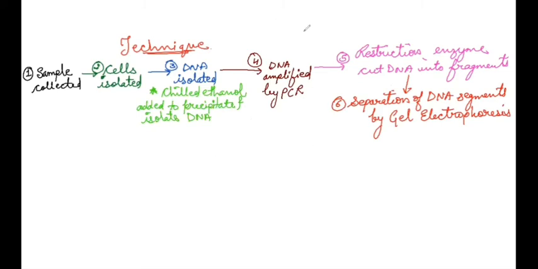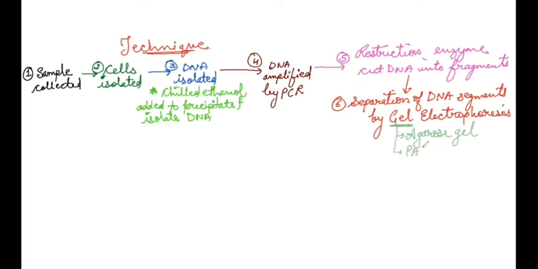Now, one point is there for you to remember. The type of gel used in this process can be agarose gel, the natural gel, or it can be polyacrylamide gel, PAGE.